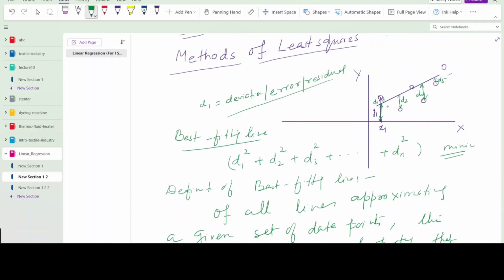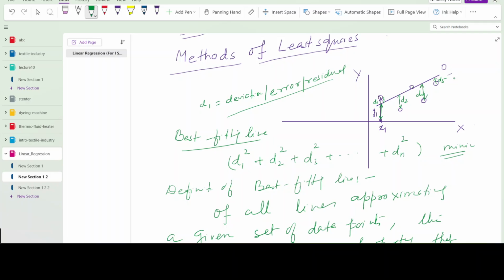Now we can say, what will be the best fitting line? This line will be a best fitting line if d1 square plus d2 square plus d3 square plus d4 square plus dn square, the sum of the square of all vertical distances, is minimum.